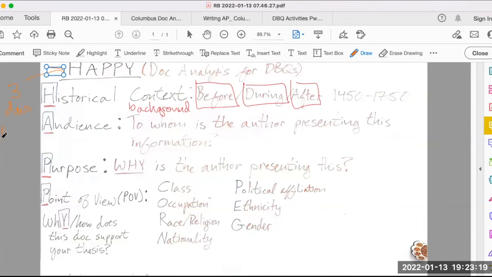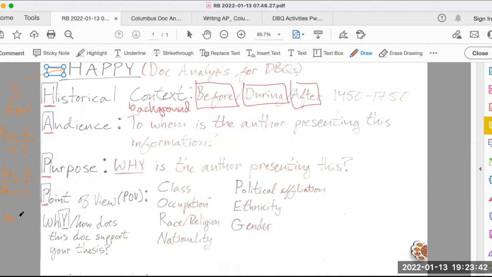Let's say for document 1, I want to do historical context and then answer the why or how does this document support your thesis. Then document 2, I want to do point of view and how or why does this support your thesis.